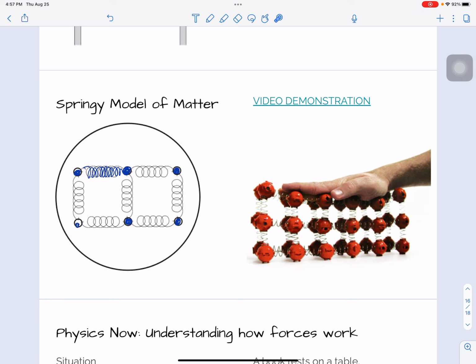I will put a link to a video demonstration so that you can see there's a very nice demonstration that things that are super solid, like the example here, a block wall, are actually compressible.